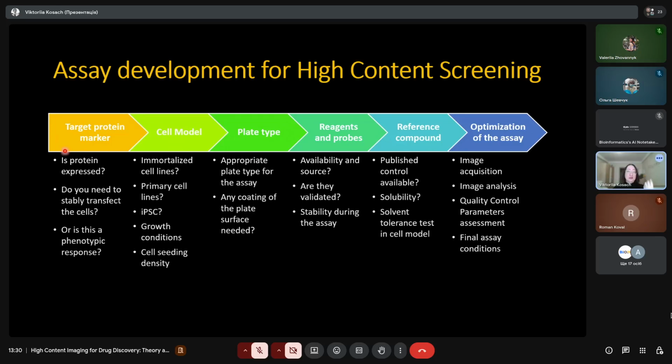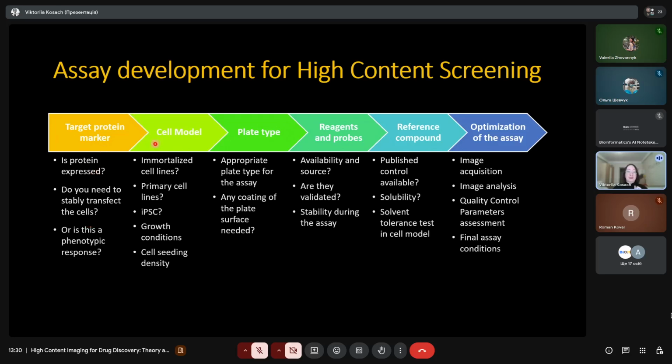And also, you should know if your target is expressed, in which cell lines it is expressed, or whether you should transfect the cells with your target, or whether it is not a single target but more a phenotypic response.